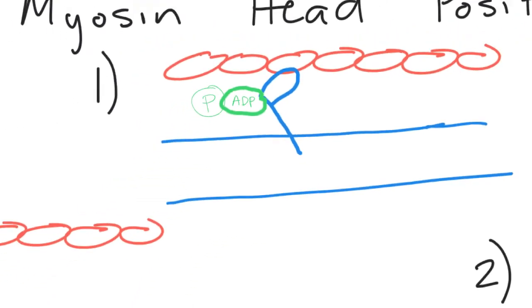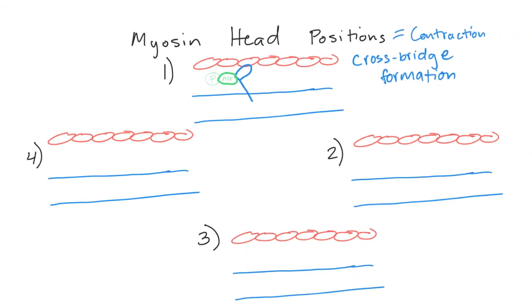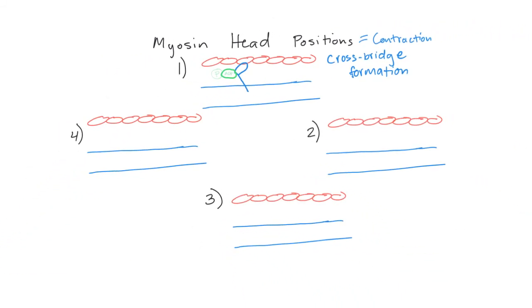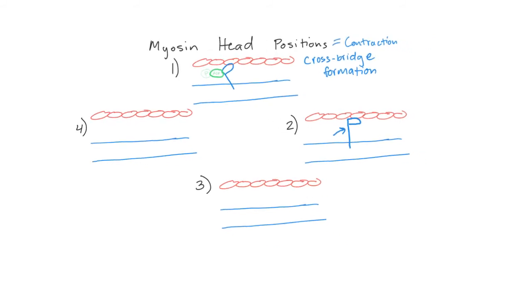So we use some of that energy to make this cross bridge. But we've just made contact at this point. Our next step, we have moved it along, right? So we went from this position to that position. This is called our power stroke.